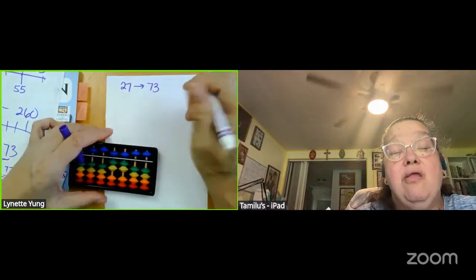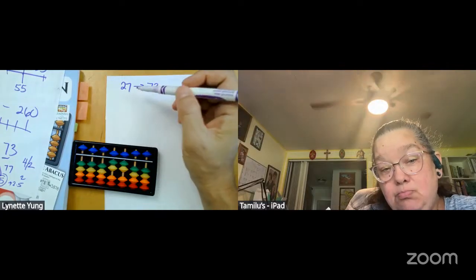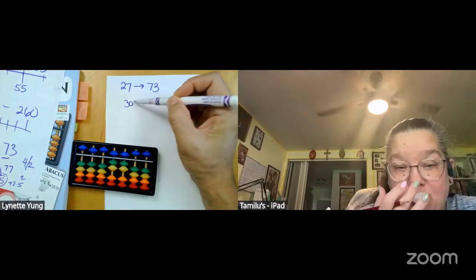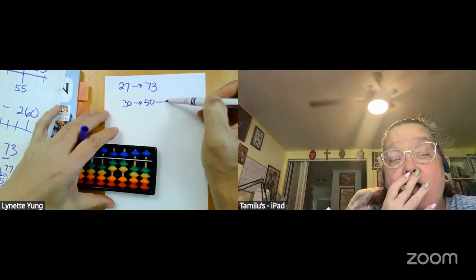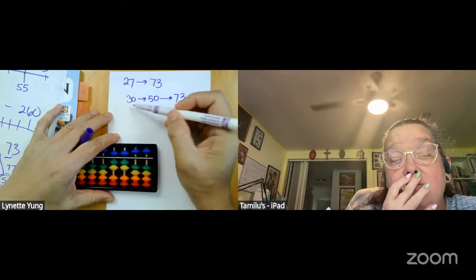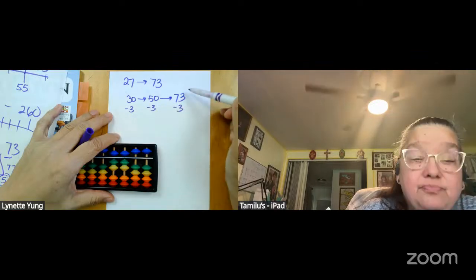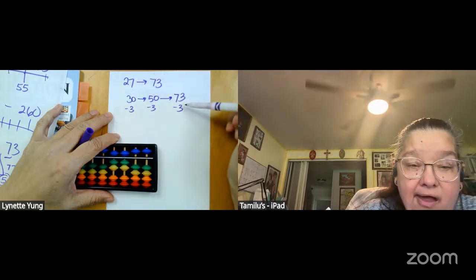So what they did is they shifted it over. So the number halfway between 30 and 70 is 50. So the number halfway between 27 and 73 is 50. So what they did is you go 3. So you have positive 3 because 27 to 30 is 3.